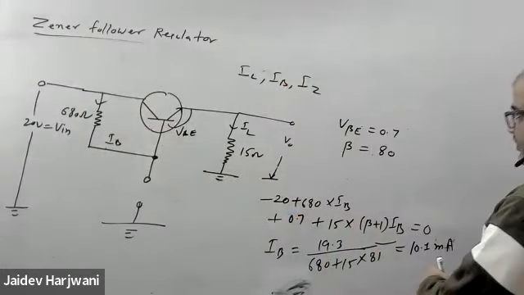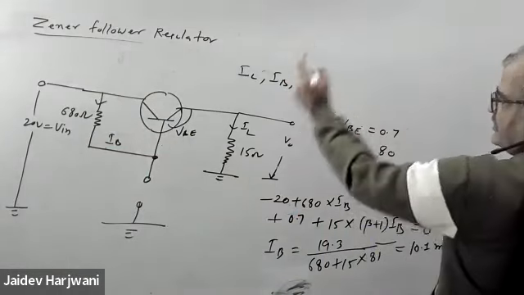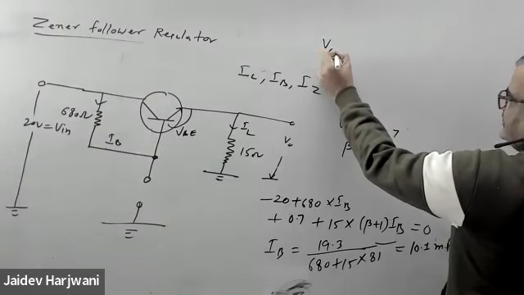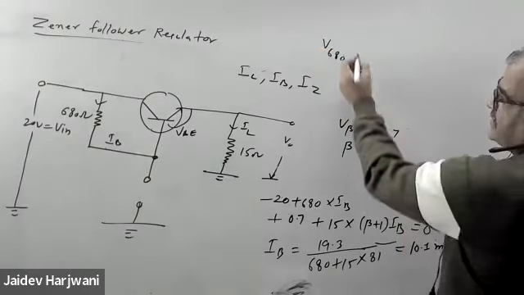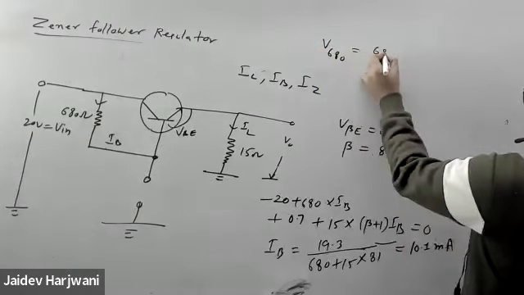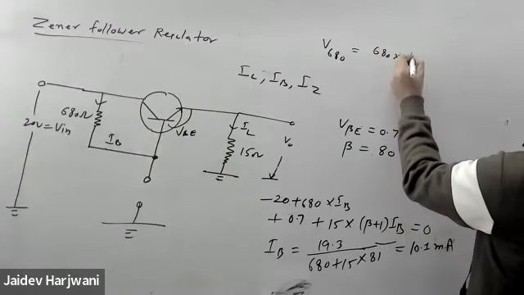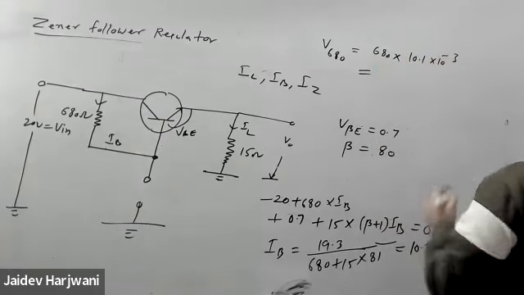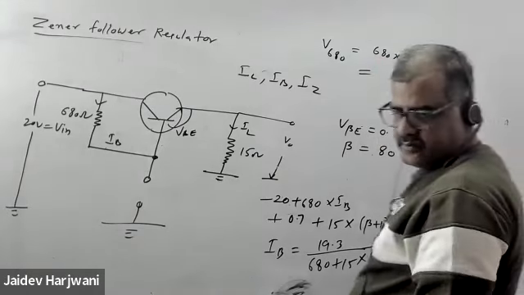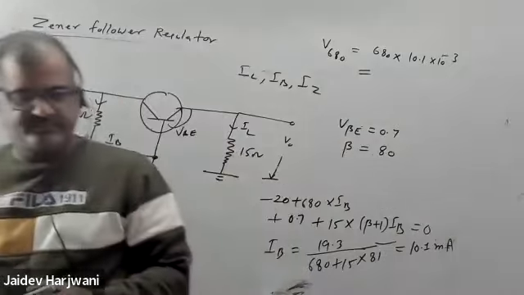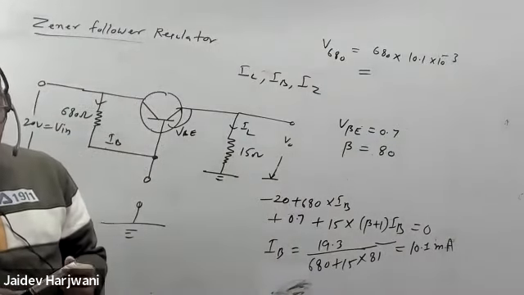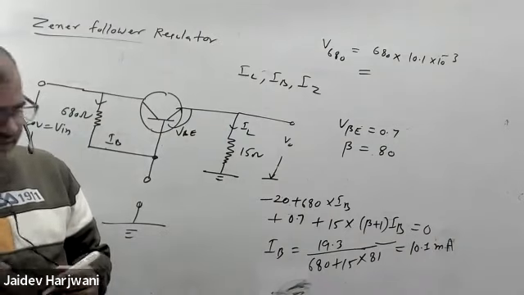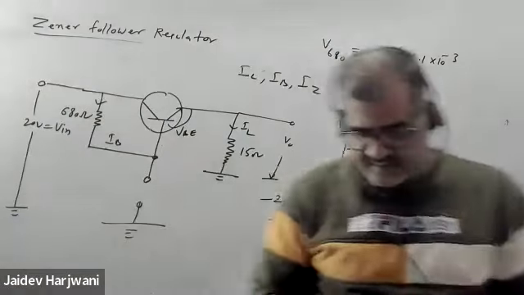We have 680 ohm resistance, so 680 into your current, which you say is 10 milliampere. How much voltage drop is coming? Tell me. 680 into 10 milliampere is almost 6.8 volts, isn't it?